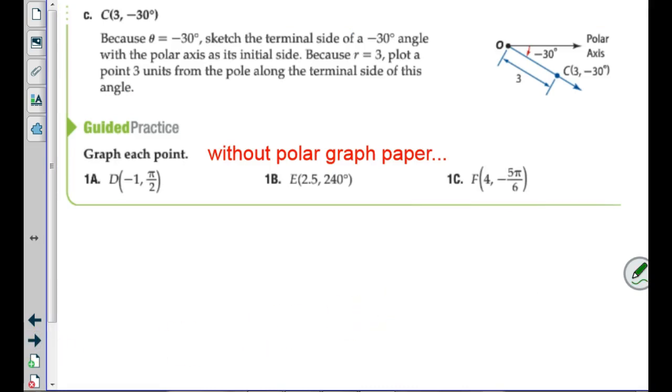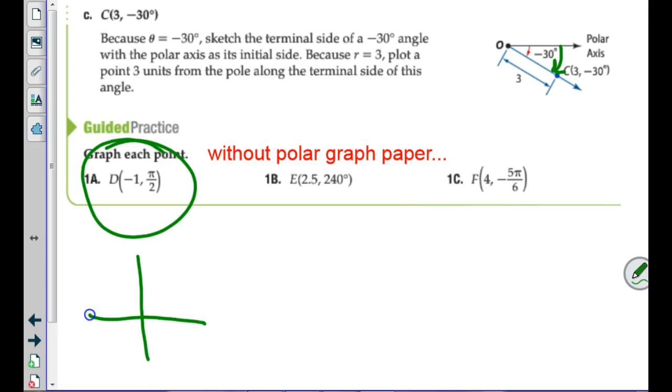So real quick, a couple more examples, and then I'll let you do some. Negative 30 would mean you just went this way 30 degrees and then out a positive 3. Okay, what would that tell me? Describe this for me real quick. Where should I rotate? Do I go up or down pi over 2? It's positive.